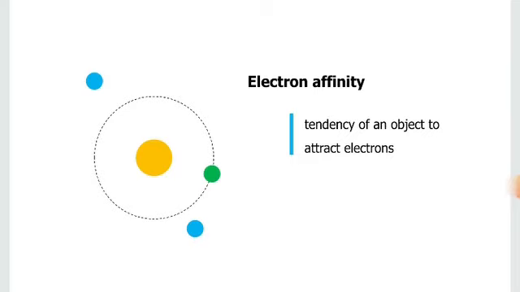Diba? And then, I also mentioned that electrons can be found on orbitals or electron shells or energy levels. So, actually, bawat electron shell or energy shell, they can only accommodate a specific number of electrons.